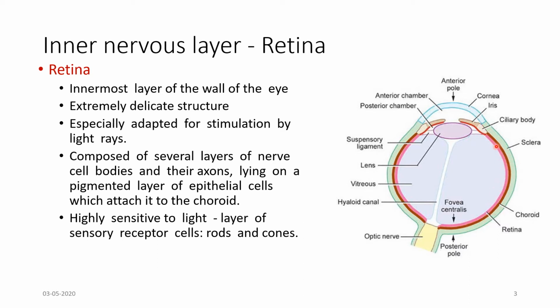The retina is closely attached to the choroid by the pigmented layer of epithelial cells, and it is highly sensitive to light. The layer of rods and cones are the sensory receptor cells.